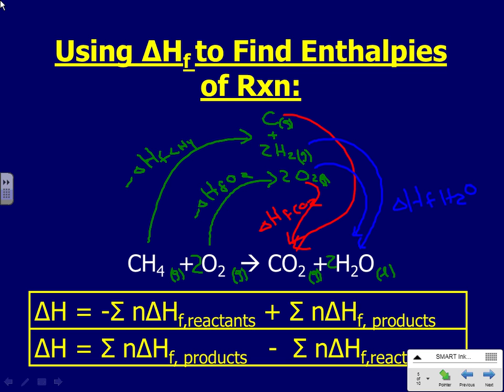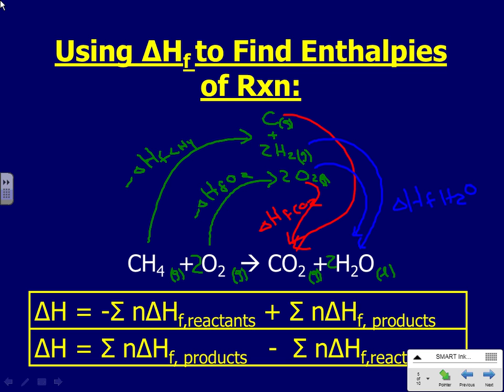But if we think about it, here's what's happened. For each of the reactant molecules, I'm going to add up all the delta HFs. This N represents the coefficient, so I would add up the delta HF for CH4 and 2 times the delta HF for O2, and I would put a negative sign in front of it because I'm breaking them apart. Does that make sense?